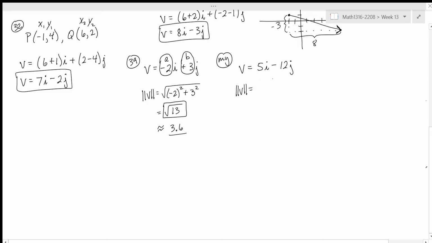All right, so that's going to be the square root of 5 squared plus negative 12 squared. And if I'm not mistaken, I think that's the square root of 169. And does that square root nicely?